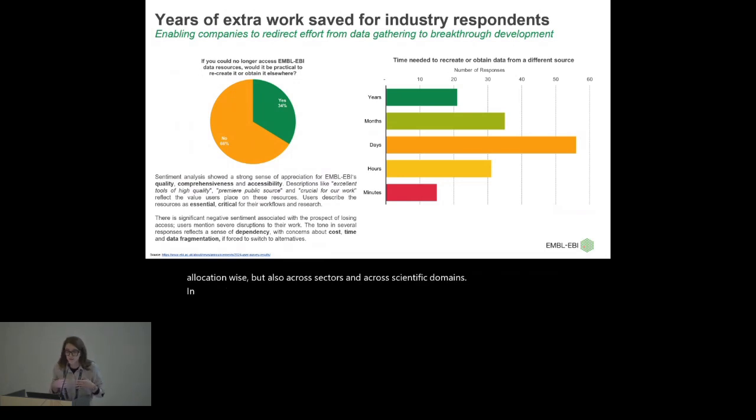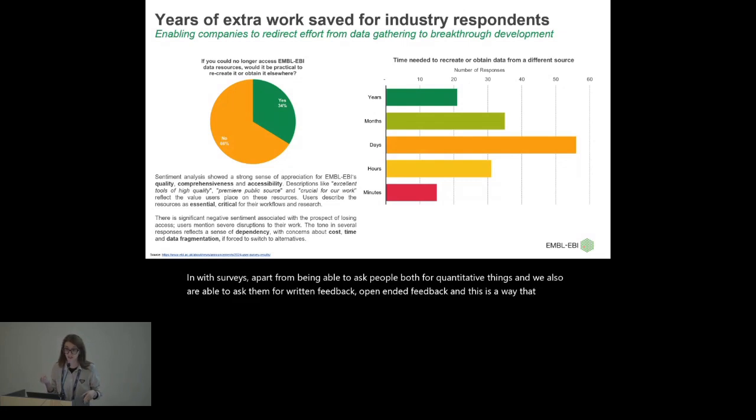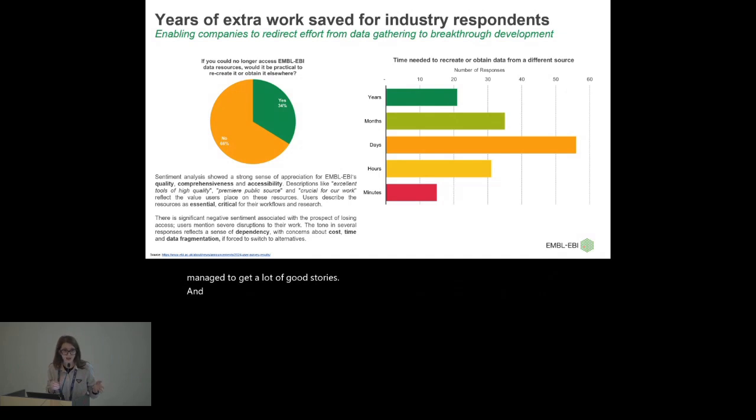With surveys, apart from being able to ask people for quantitative things, we are also able to ask them for written, open-ended feedback. This is a way that we manage to get a lot of good stories, and also try and test new things.